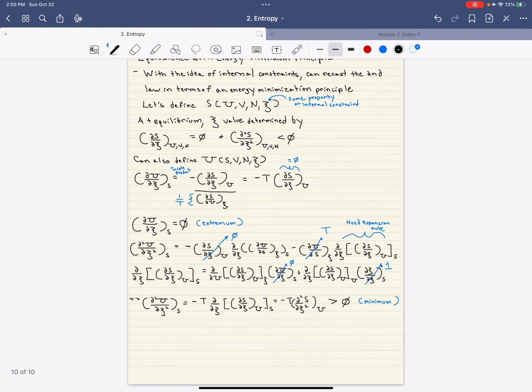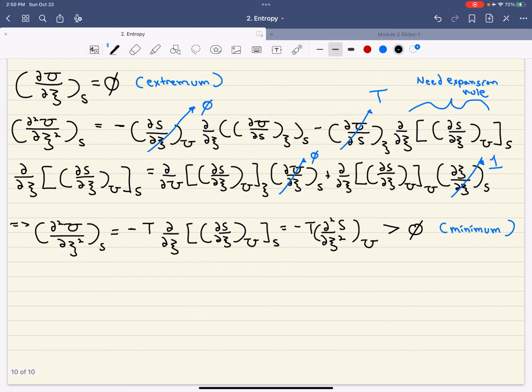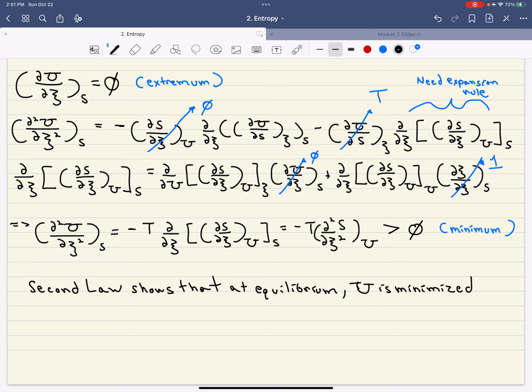What this is telling us is that according to the second law, at equilibrium, the internal energy is minimized at constant entropy, volume, and molecule conditions.